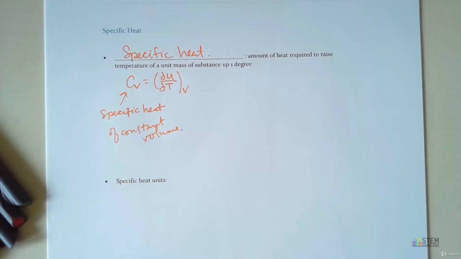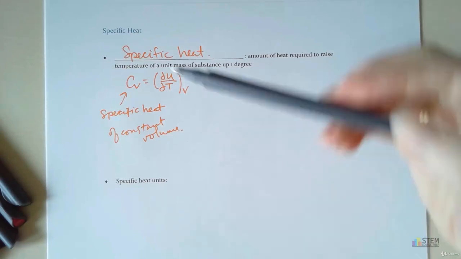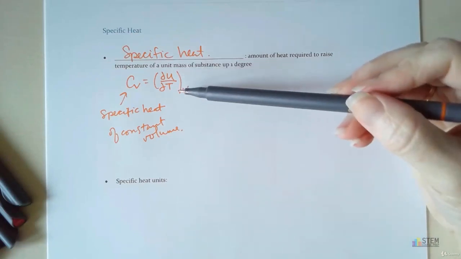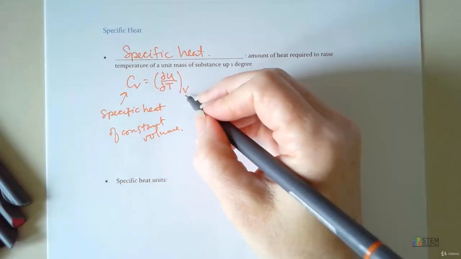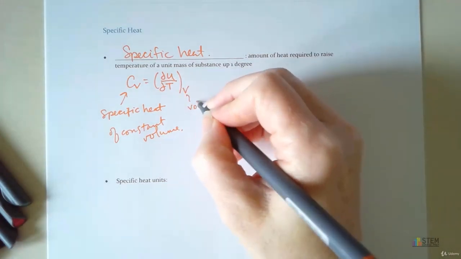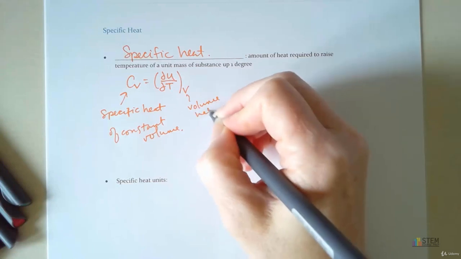Basically, you're going to raise that temperature up 1 degree, but while you're doing that, you are going to hold the volume constant. So you're not going to be able to expand or anything else. Volume will stay the same. And this is our equation for that. And this V here, just remember volume's held fixed.